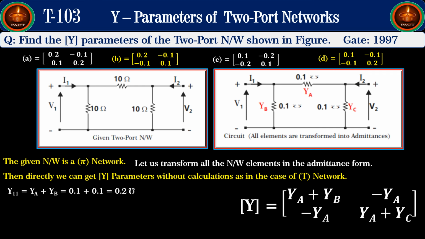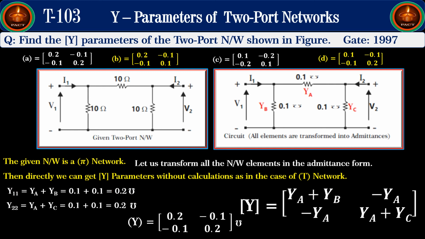Now, we see that y11 is equal to Ya plus Yb, and by substituting the values we get y11 is equal to 0.2 mho. Similarly, y22 is equal to Ya plus Yc, and by substituting the values we get y22 is equal to 0.2 mho, and y12 is equal to y21 is equal to minus Ya.